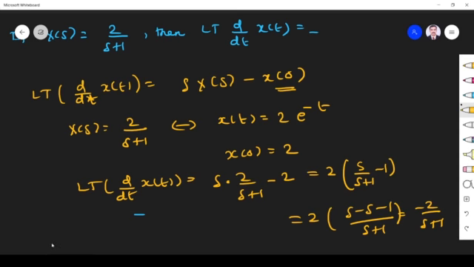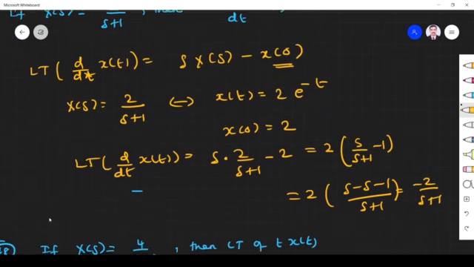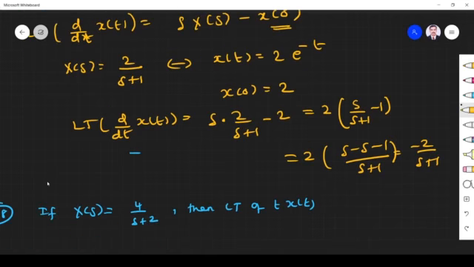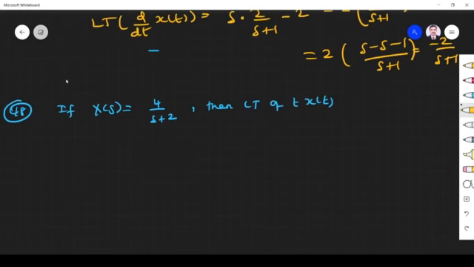Okay, next problem. We have to see if X of s is equal to 4 by s plus 2, the Laplace transform of t into x of t. So the Laplace transform of x of t is given by 4 by s plus 2. That's our X of s.